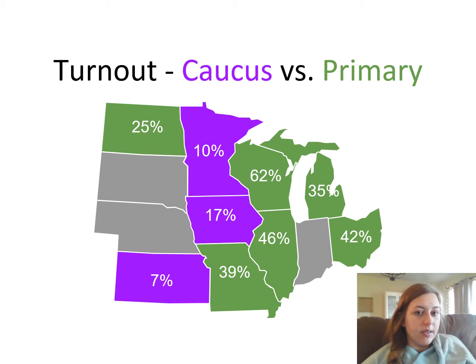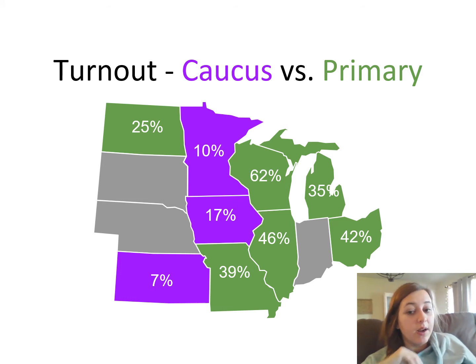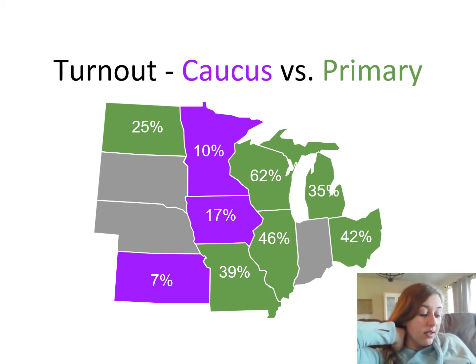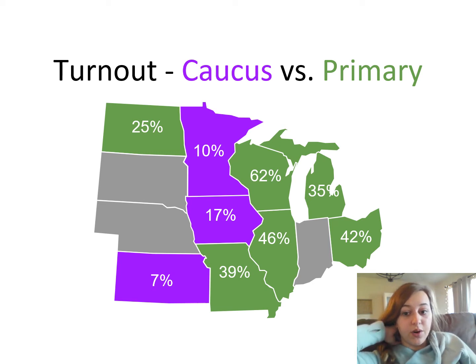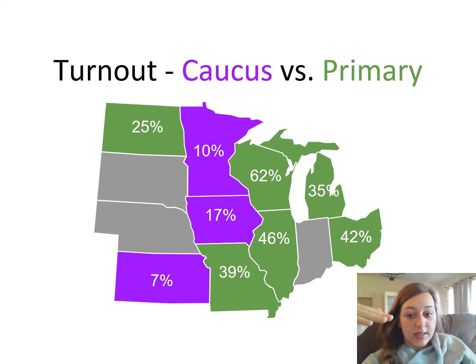Main difference between a caucus and a primary, or an important difference, is voter turnout. So you can see the percentages for states that caucus versus states that primary. Now, one thing I want to note is that in some states, the Republicans will do one thing and the Democrats will do another, because parties have control over this nomination process.